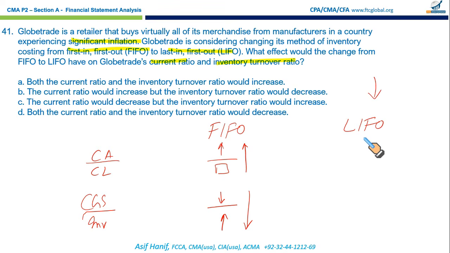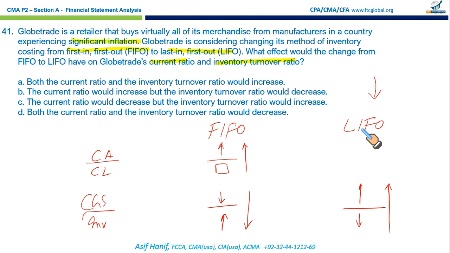You are charging last in first out means higher costs, higher prices to production. Resultantly, your cost of goods sold is higher. And you are transferring your older, lower cost to inventories, so inventory figure is lower. This will cause the ratio to go up. If you come on this side, last in first out means latest, highest cost items, expensive items, go to production.